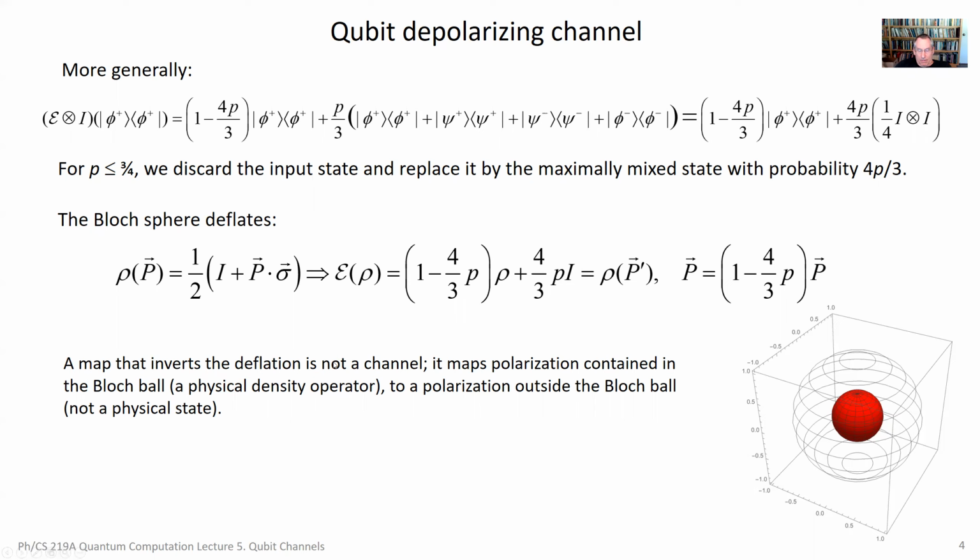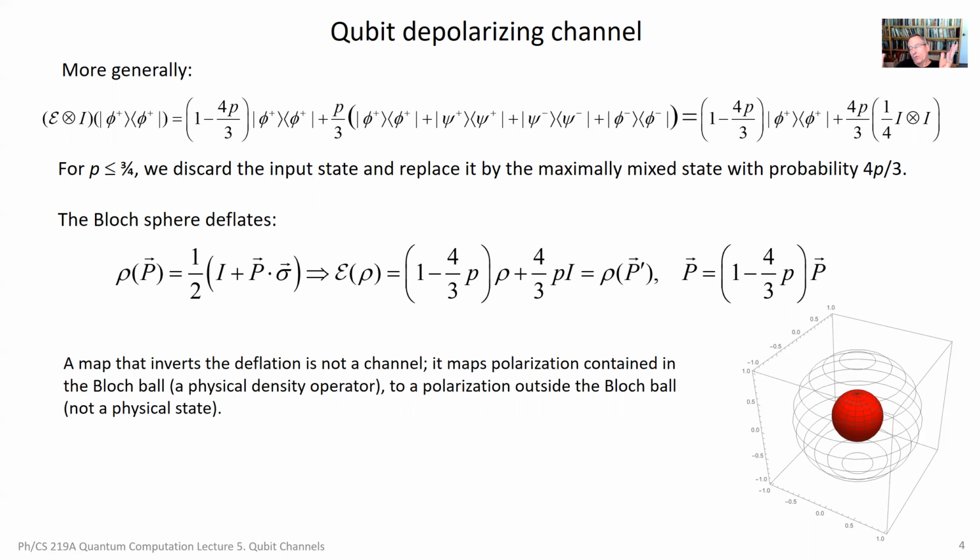In the case where I replace it by the maximally mixed state, I just get a number times I. The important thing is that in the case of no error, when we didn't throw the state away, that occurs with probability 1 minus 4p over 3. So the effect of that is to rescale the polarization by the factor 1 minus 4p over 3.